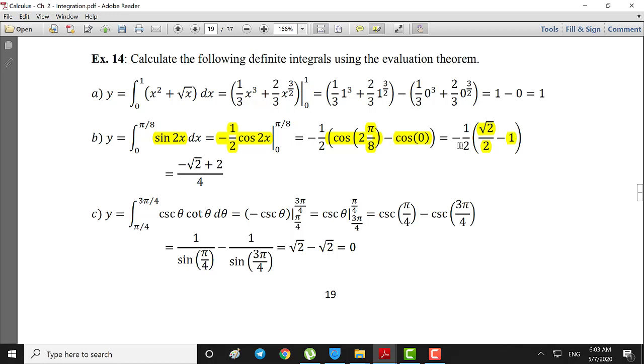So the final result is minus 1 over 2 times square root of 2 over 2 minus 1, which is equal to square root of 2 minus 2 over 2. And if you put into effect this negative sign, you're going to have minus the square root of 2 plus 2 over 4, which is your final result. Yes?